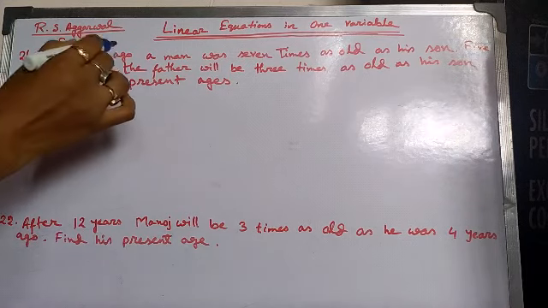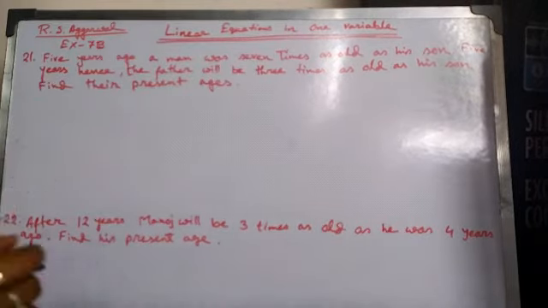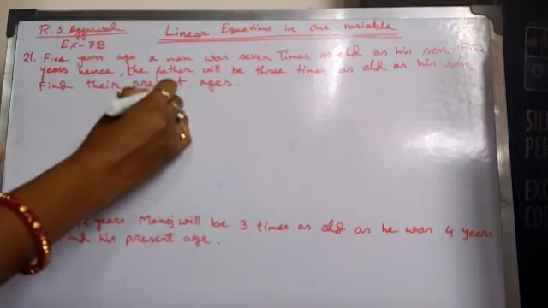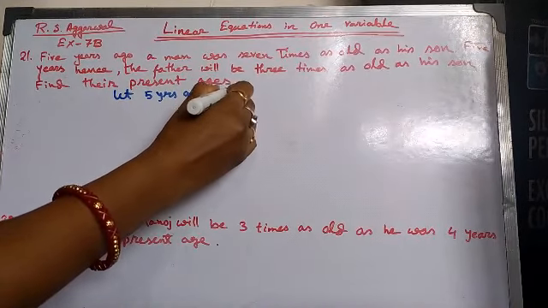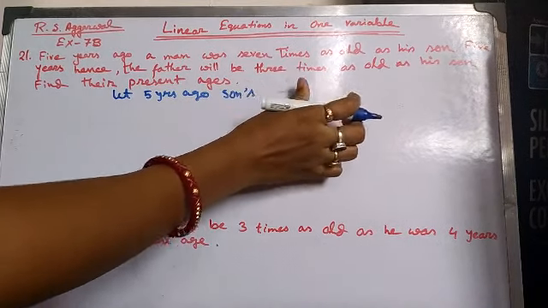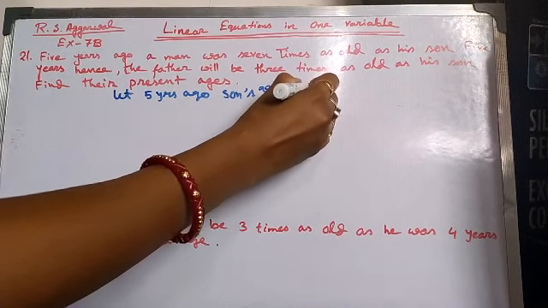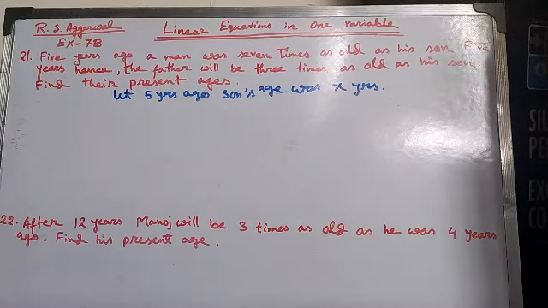So 5 years ago a man was 7 times as old as his son. Let 5 years ago son's age be x years.